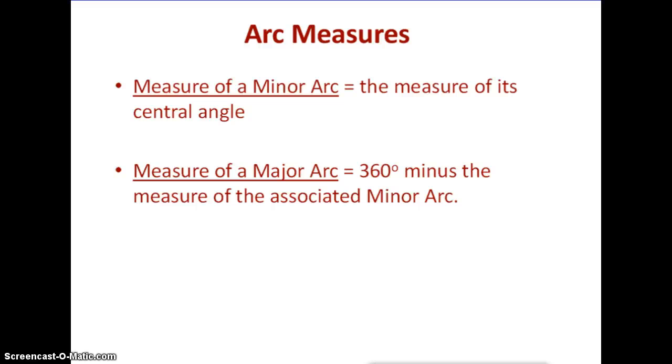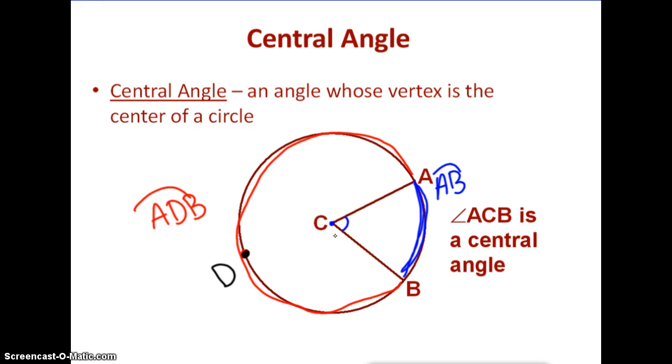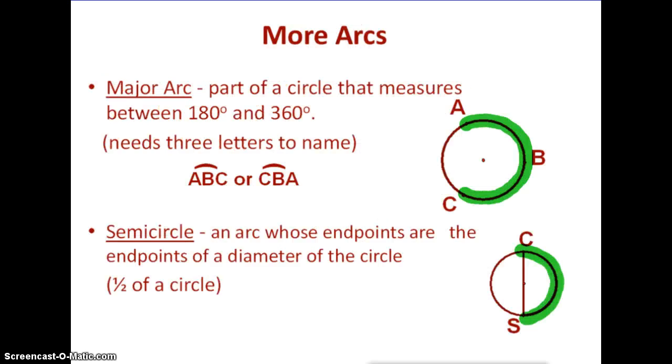So the measure of a minor arc is going to be equal to the measure of its central angle. So let's come up with an example. What about 35 degrees? Since angle ACB is 35 degrees, then arc AB must be equal to 35 degrees as well. Arcs are equal to their central angles.